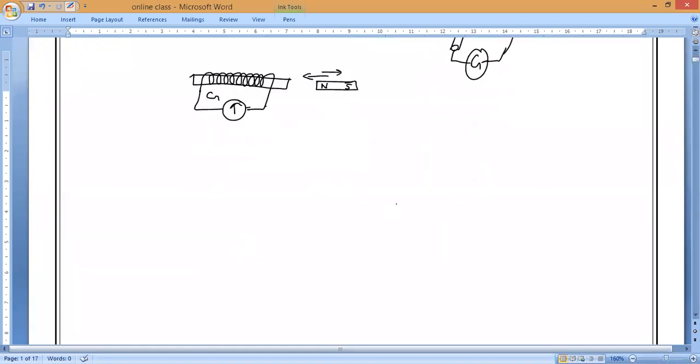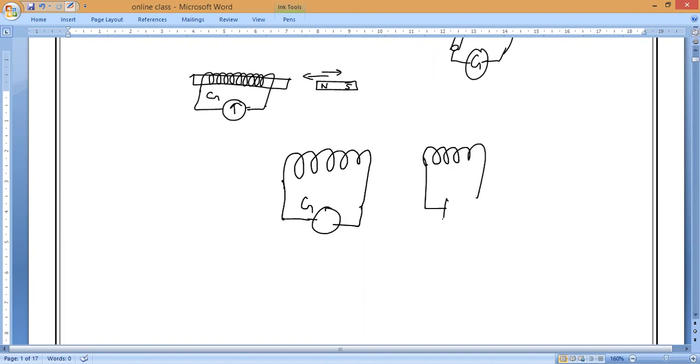So now what is the third experiment? In the third experiment, one coil is connected to the galvanometer, and another coil, another solenoid, is connected to some current. When these two are in relative motion, when this coil comes closer and moves away, the magnetic field is created because current is passing through it.